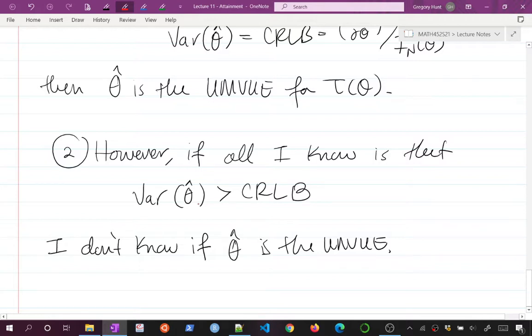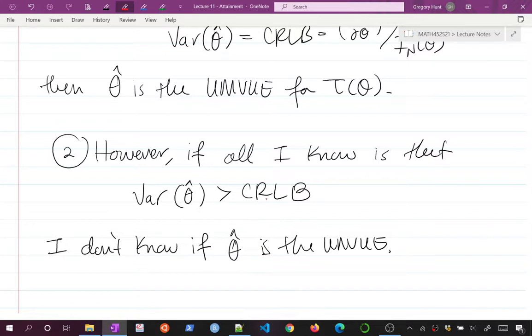All the theorem says is that this bound exists. If you can show it achieves the bound, it has to be the best. But if you find something that is bigger than this bound, possibly there's something between them. Possibly there isn't. Possibly no estimator achieves the Cramer-Rao lower bound, and the best estimator achieves some higher bound.